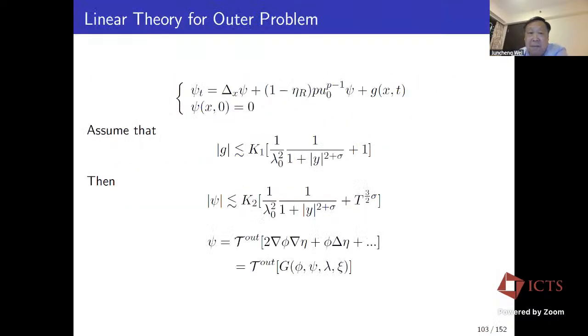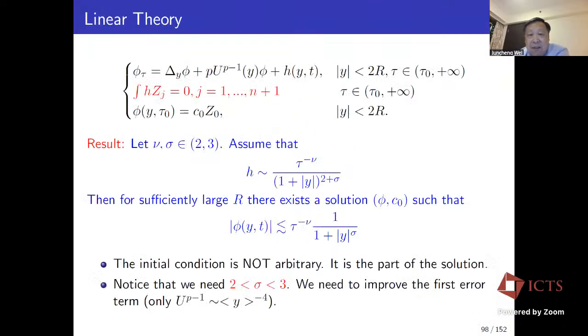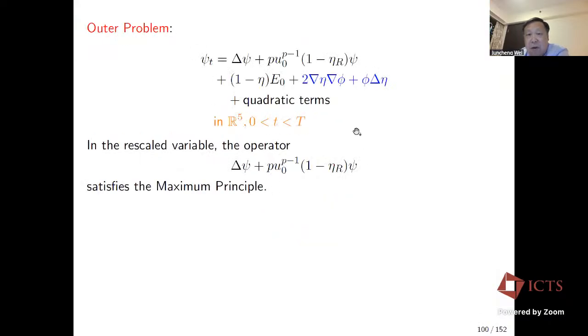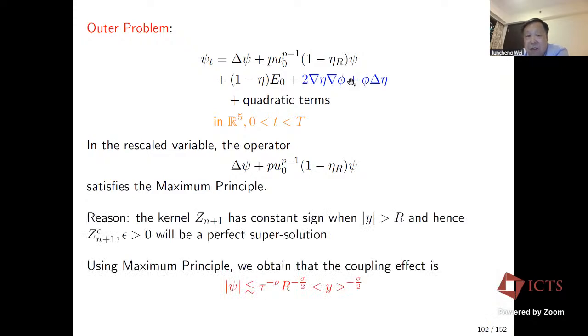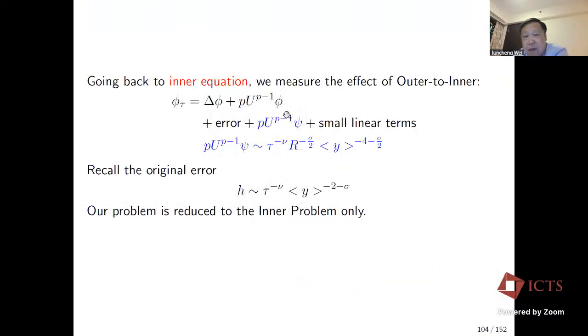Okay, so let me repeat. We start with this type of error, and we get this solution, and then we plug into the outer problem, and we get the outer will behave like this, and then we plug into the inner problem.